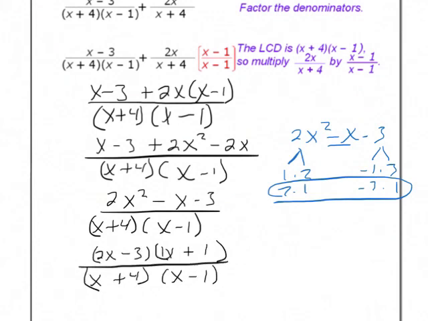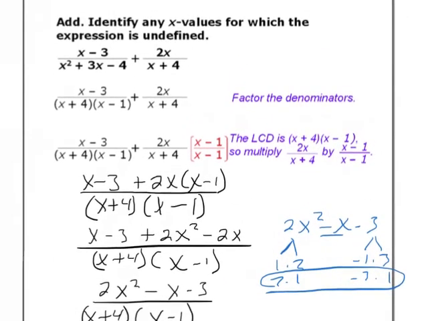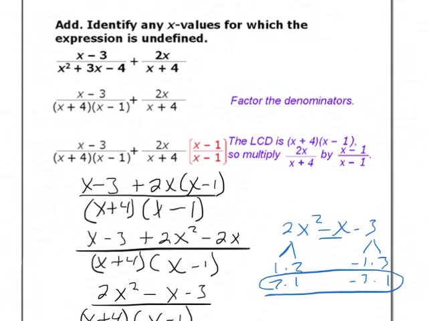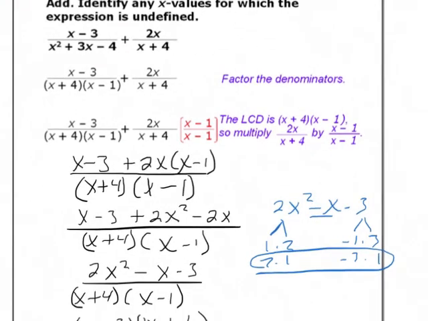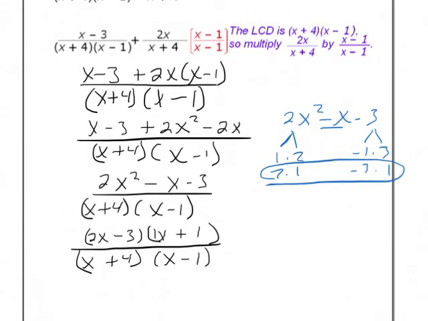Now, let's go up and look at the directions again. Does it want us to restrict it? Yes, it does. It says identify any x values for which the expression is undefined. So we're going to go back up here, put a comma, and say x is not equal to. You can look right here and see if you plugged in a negative 4 right there, you would see it be undefined.